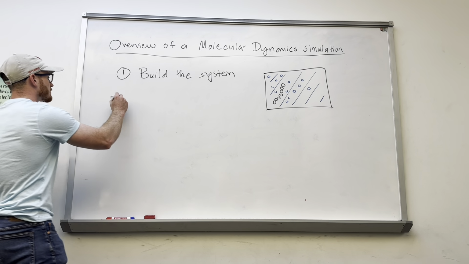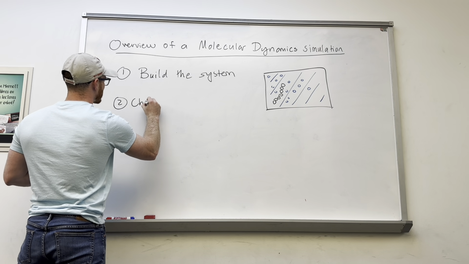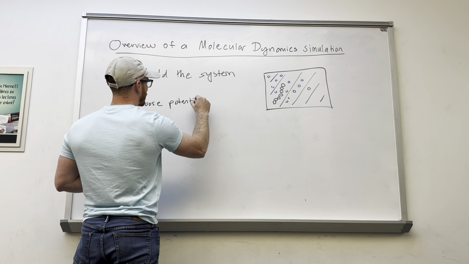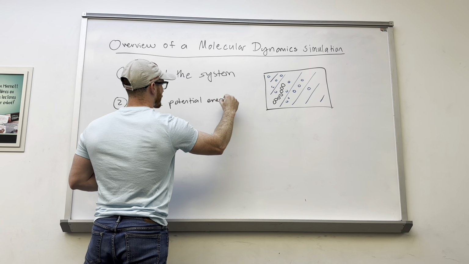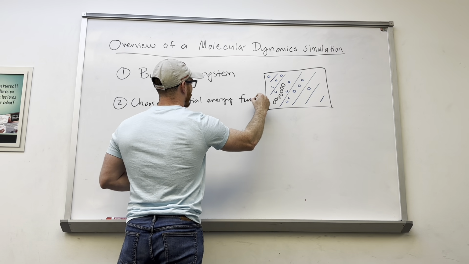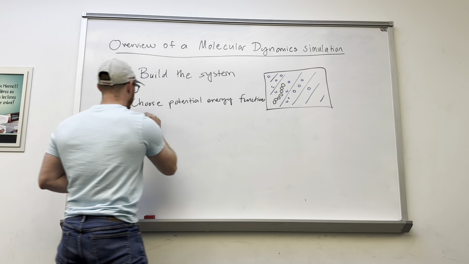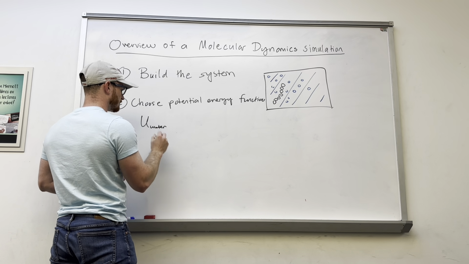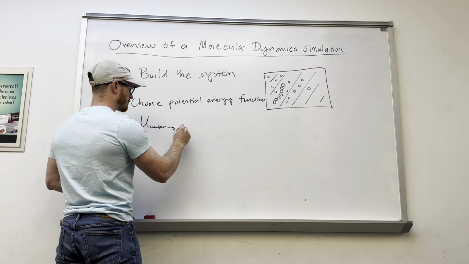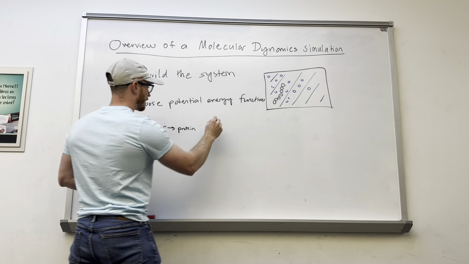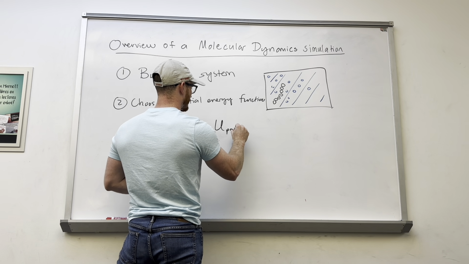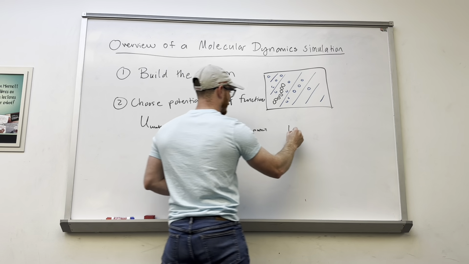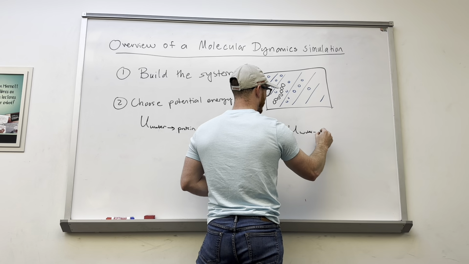The second step is we need to choose our potential energy functions. In this example, we need a potential energy between the particles in water, how they interact with the protein, how the protein interacts with itself, and maybe even how the water interacts with itself.